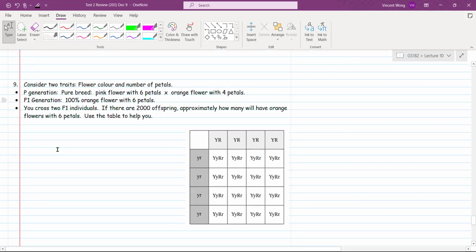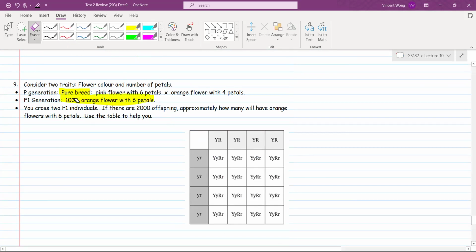Next, consider two traits, flower color and number of petals. For the parents, they are pure. Please remember, I've told you this many times in class and we practice doing this. If the P generation is pure, then the phenotype, the appearance of F1, will tell you which one is dominant.